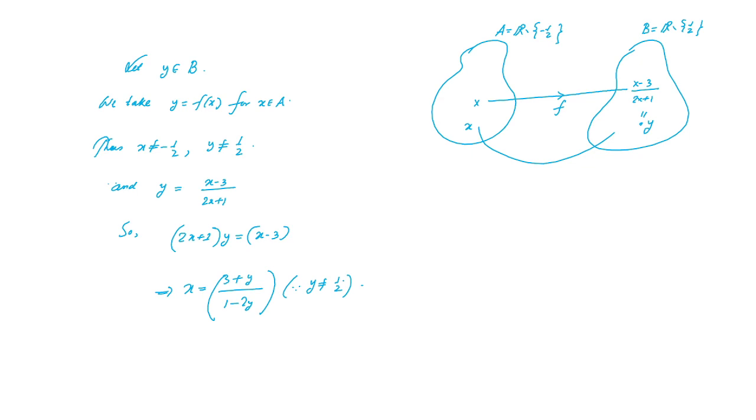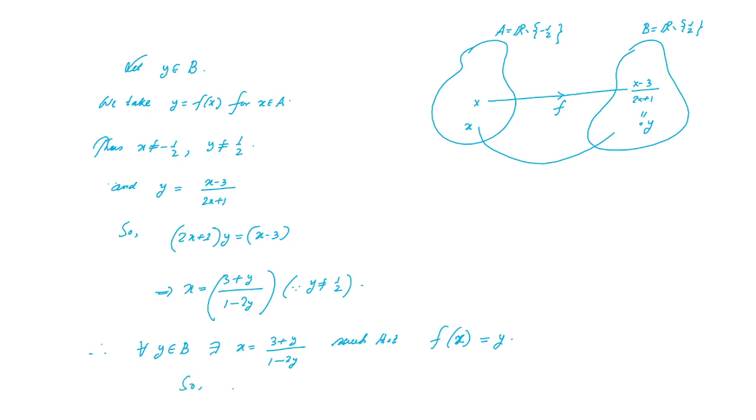So therefore, for all y belonging to B, there exists x, that is 3 plus y by 1 minus 2y, such that f of x equals y.